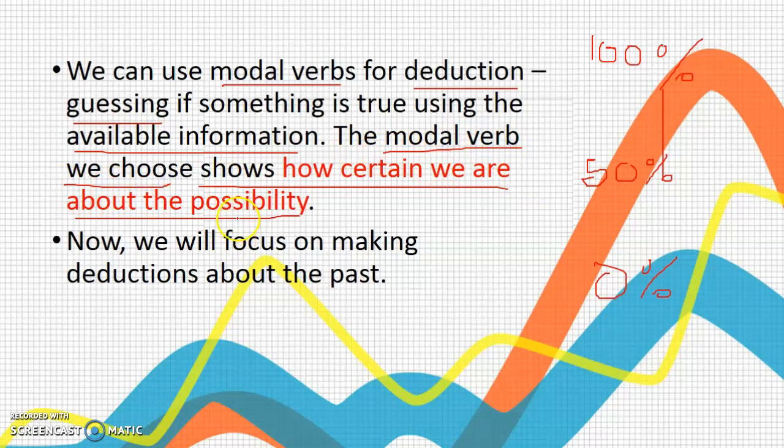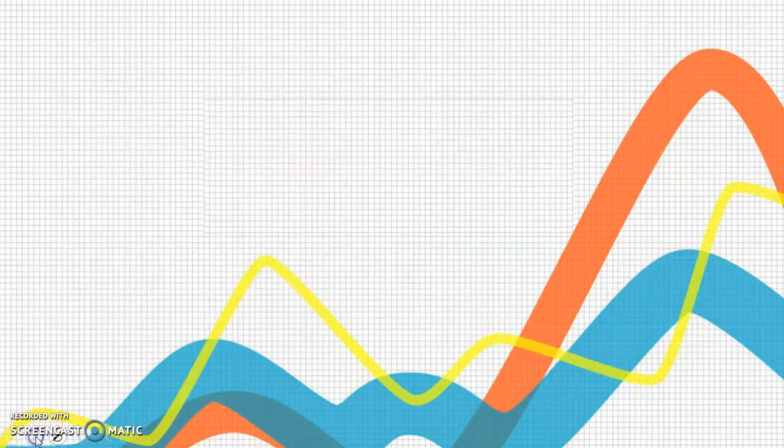In this video, we are going to talk about deductions about the past, because it is possible to make deductions about the present or future. We can use other grammar structures as well, but now we are going to focus just on the past.